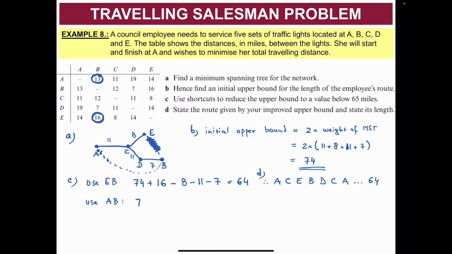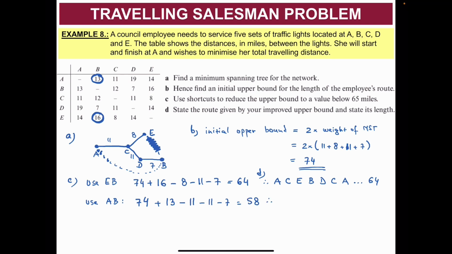So I would have 74 as the upper bound. I am going to add AB, which is 13. However, I am saving 11, I am saving 11, and I am saving 7. So that's 22, 29, 16, so this is 58.